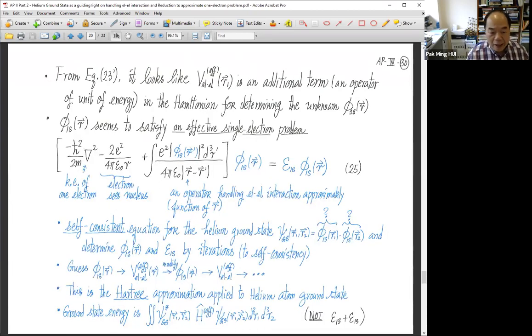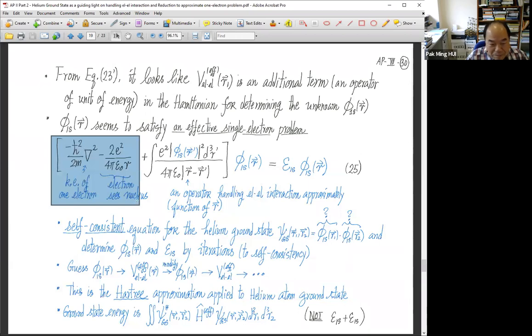With this idea, all of a sudden, it hints at the following equation to solve for the ground state, 1s state, of helium atom. We have electron 1 kinetic energy. We have electron 1 seeing the nucleus. These two terms, no problem.